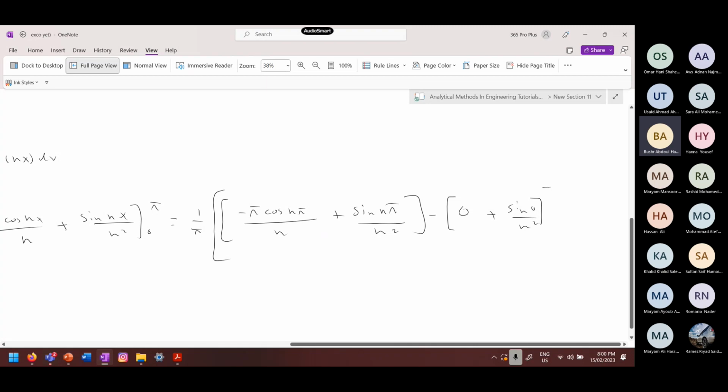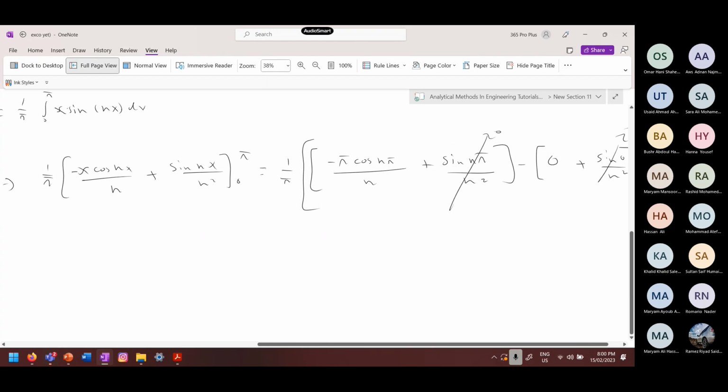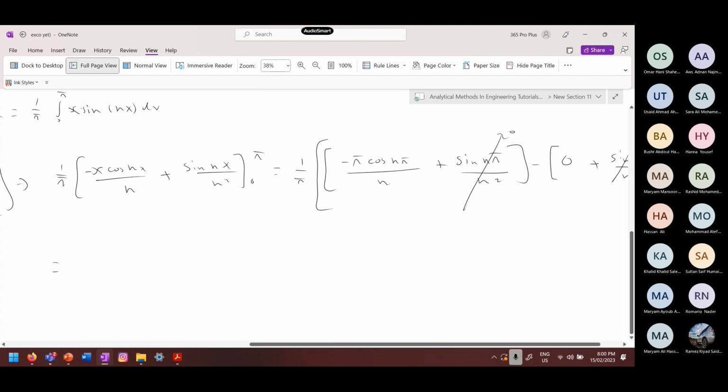Now simplify this. What do you have here? Sine n pi is 0. Sine 0 is 0. So what you get is 1 over pi, negative pi cosine n pi over n. The pi's will get cancelled and you get 1 over n.